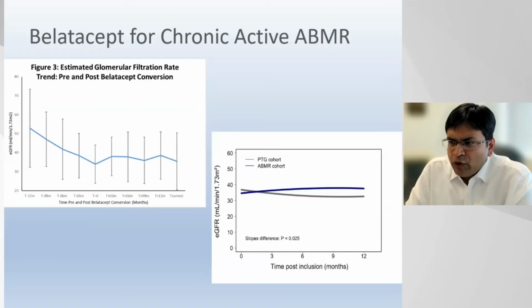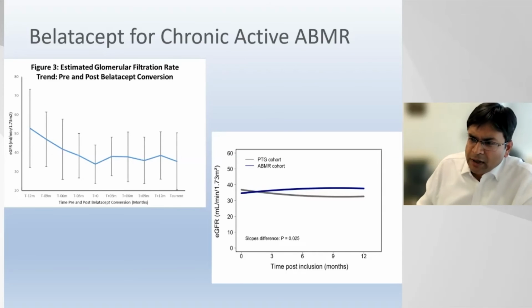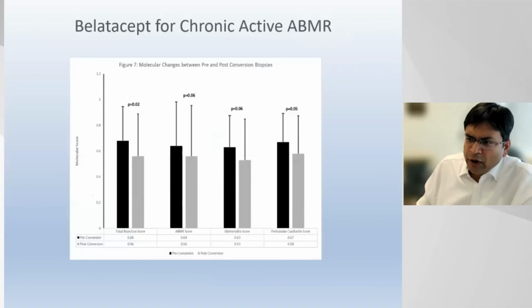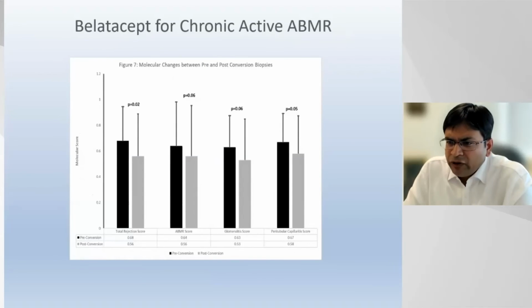When compared to a controlled matched cohort from the Paris transplant group, our group showed improvement in GFR over time compared to the controls, where GFR continues to worsen over time. The key point, though, for this audience for today is that patients in this group showed improvement in molecular rejection on surveillance biopsies done 6 months after the initial conversion.